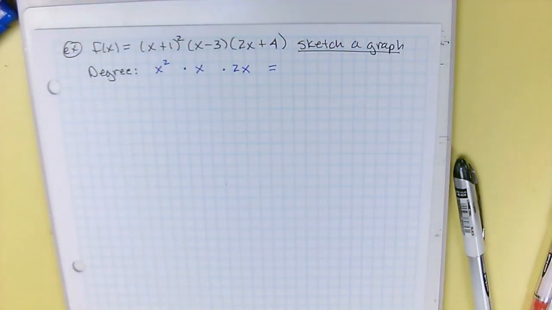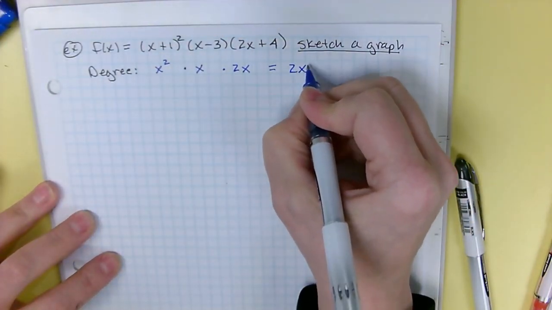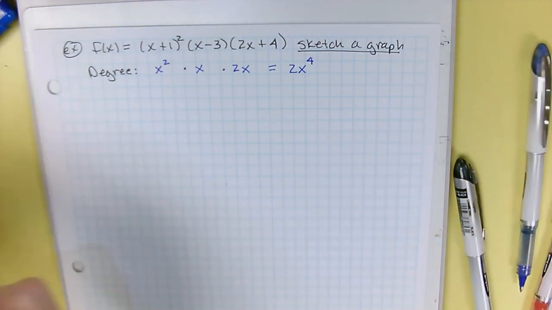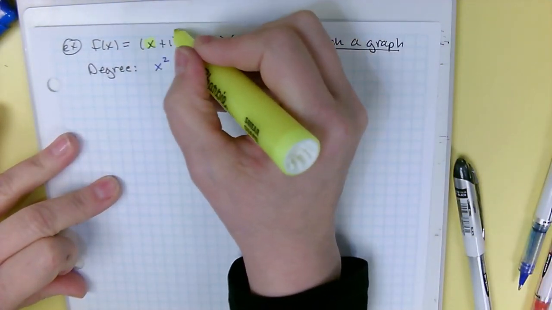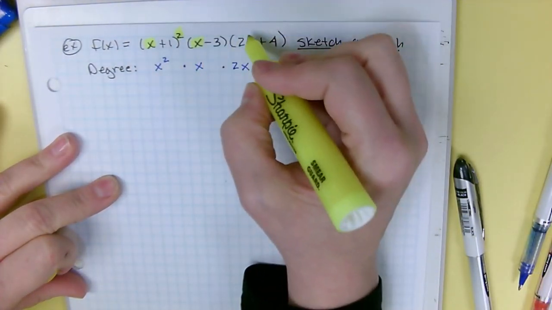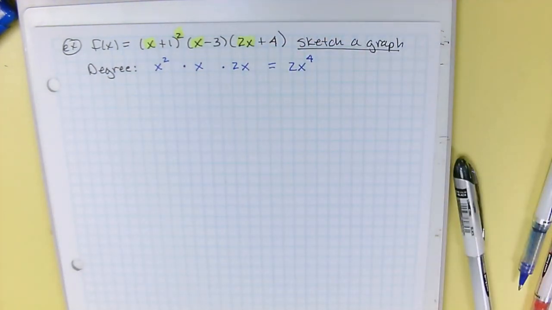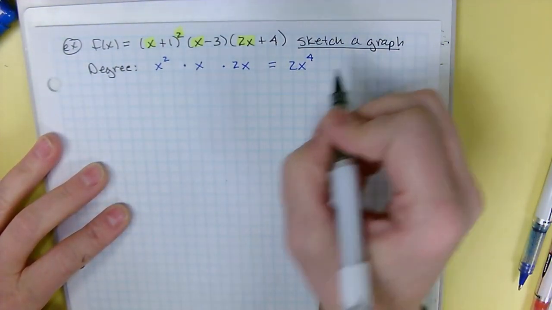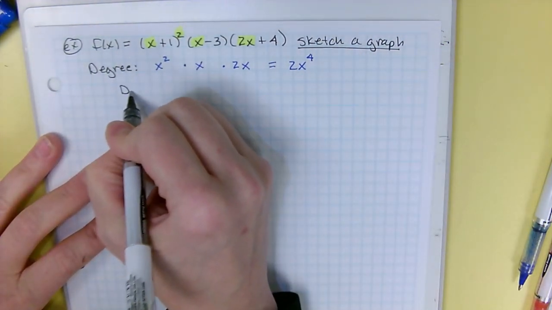If you multiply those together, you end up with 2x to the 4th as your first term. So to figure out the first term, you just multiply together the first terms with their powers.